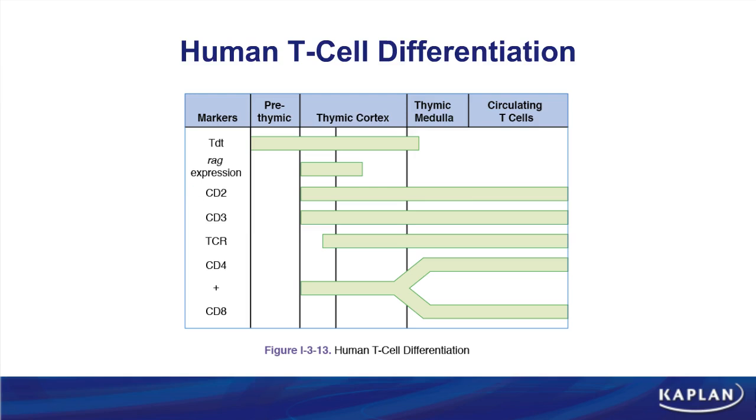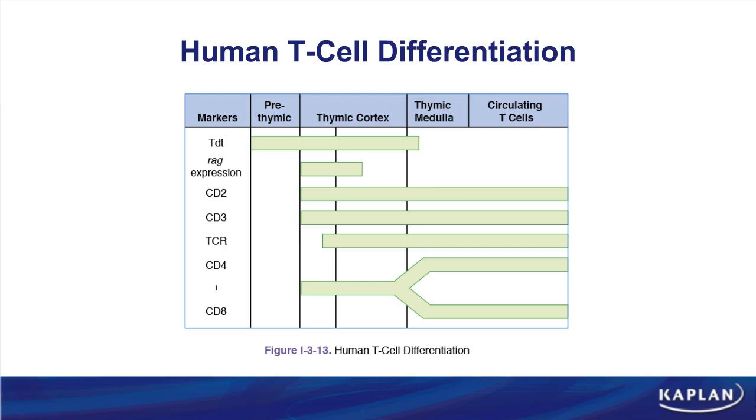As soon as I start rearranging my genes, I'm also going to start expressing CD3 on the surface, my signal transduction complex. Also, I will express my CD4 and CD8. So now my double negative cells have become double positive cells. And a little bit later on, you will see the appearance of the T cell receptor. As development continues, the cells are going to start moving from the cortex into the medulla and undergo that positive and negative selection.